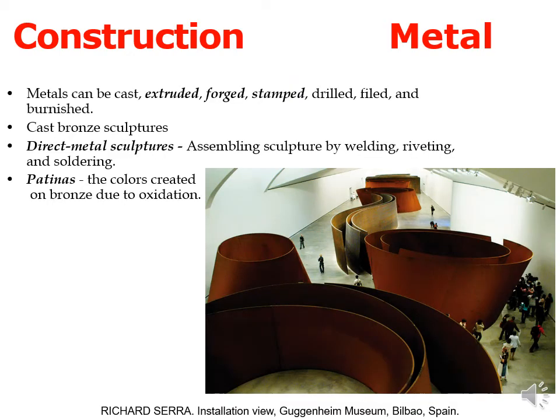Next, metal. So metal, all types of different ways to work with metal, all different types of metals out there. And then the patina, so creating an oxidation to change the color of the metal.